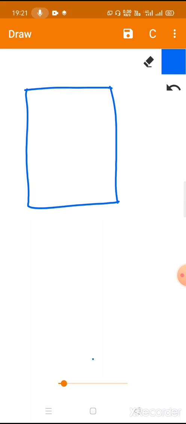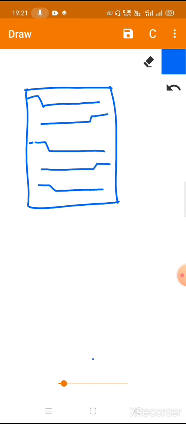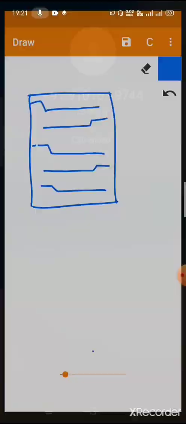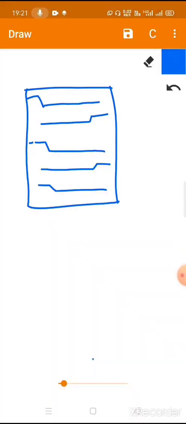Now main reinforcement is provided in this direction, like this. So now let us calculate the amount of main reinforcement first.